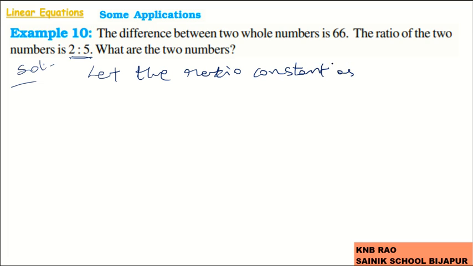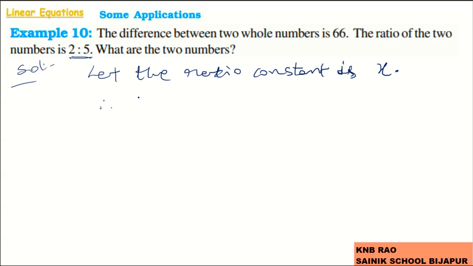Let the ratio constant be x. Therefore, if the ratio constant is x, we will have the numbers generated.